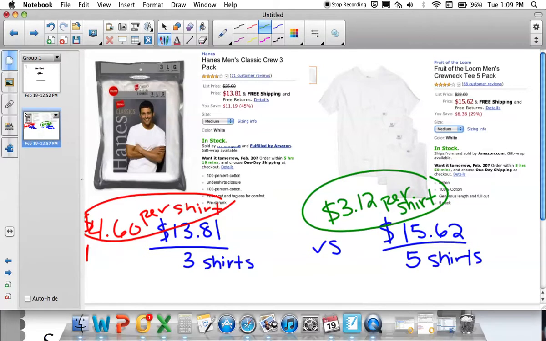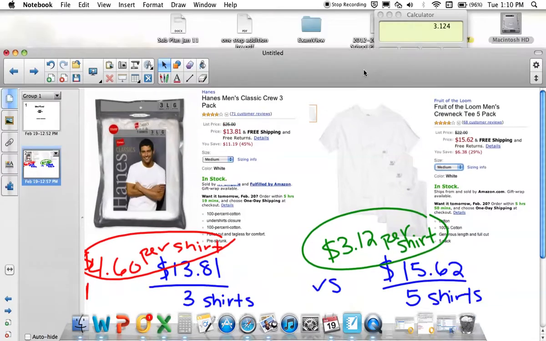Well, if I'm looking for the better value, the example where you get more for your money, I'm going to probably buy the Fruit of the Loom. Even though initially Fruit of the Loom was more expensive, if you're comparing per shirt, Fruit of the Loom is actually the better buy. Okay, so I hope you learned a little bit about what unit cost is, okay?